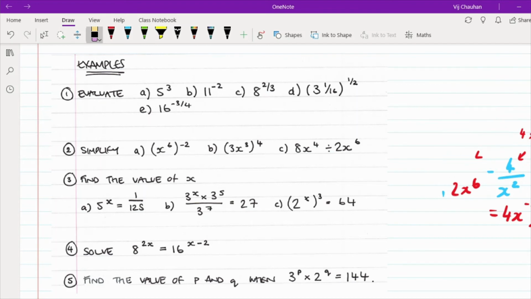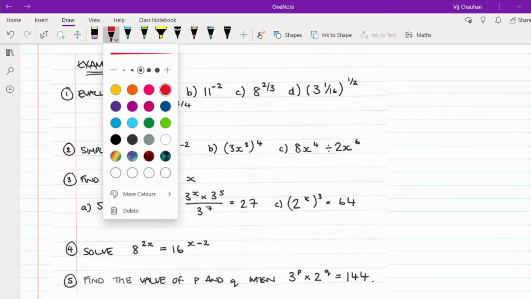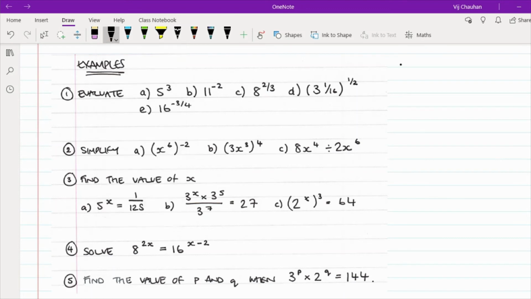question 3. So question 3 looks at find the values of x. This is where we are solving the equation. Right, so for number 3, we've got here 5 to the power of x equals 1 over 125.